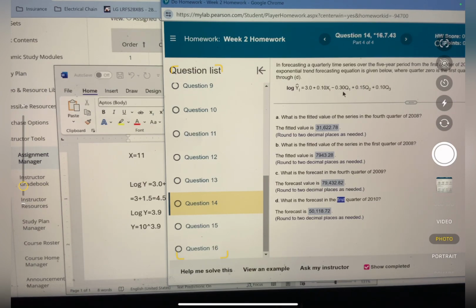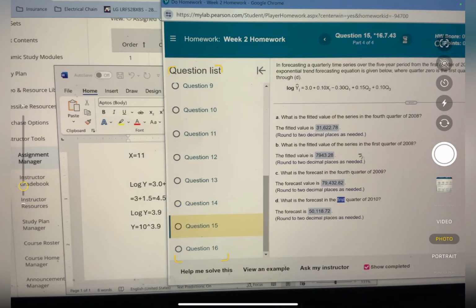And at the end, I need to take 10 raised to the power 4.7, and I'm getting 50,118 point blah, blah, blah. I got the answer. Okay?